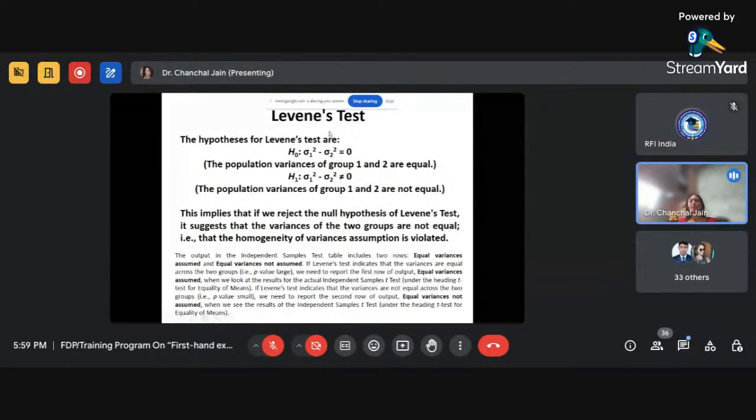In Levene's test, the hypothesis is sigma 1 squared minus sigma 2 squared equals 0, or sigma 1 squared equals sigma 2 squared. That means the population variances of the two groups, group 1 and group 2, are equal, right? I'll tell you how you can check this assumption in SPSS.